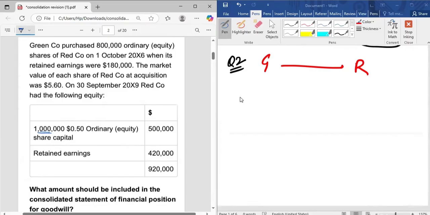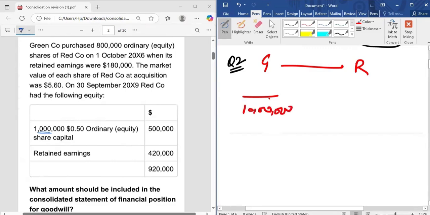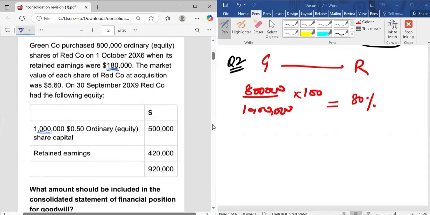Okay, I'll take the total in the denominator, which is 10 lakh, or you can say 1 million, and I'll take the numerator as 8 lakh, which is the number of shares which they have acquired, and I'll multiply it by 100 to find out the percentage. So Green has acquired 80% of Red, right? Now next. And on that day, the retained earnings of Red company were 1,80,000.